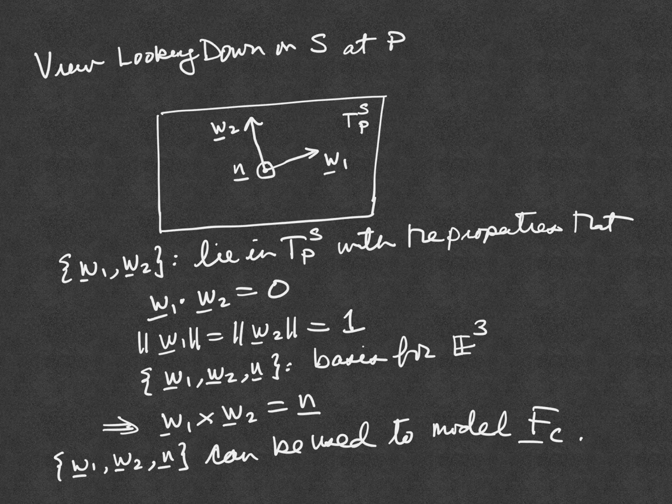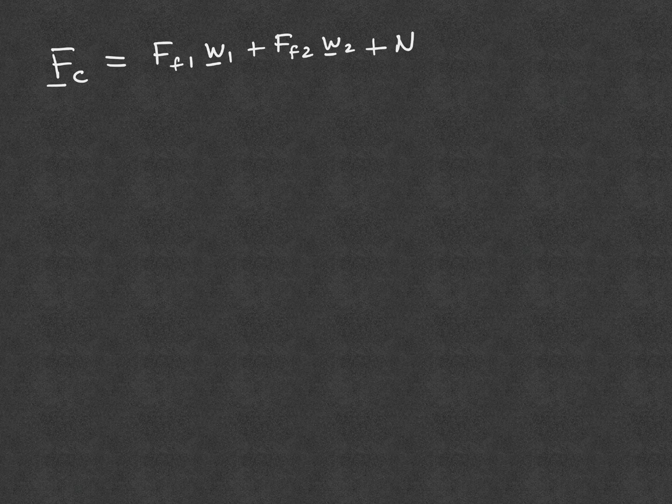And we do that as follows. So the contact force, Fc, is going to have two parts. It's going to equal F sub F1 times W1 plus F sub F2 times W2 plus a third part, which I'm going to call N times n. And these components that I've defined, because W1, W2, N is a basis, are such that I'm going to define F sub F to equal F sub F1 times W1 plus F sub F2 times W2.